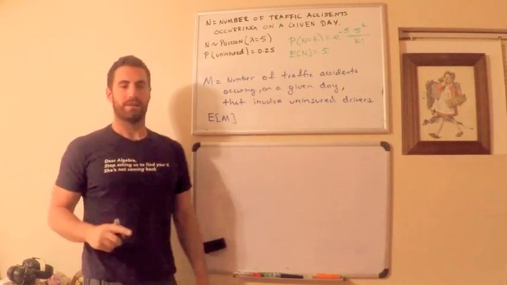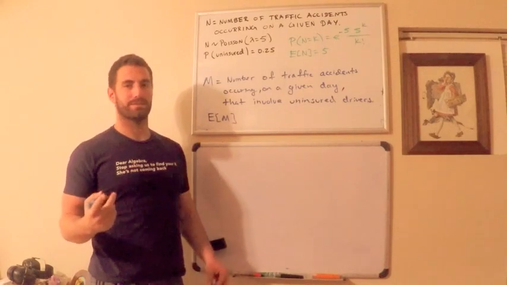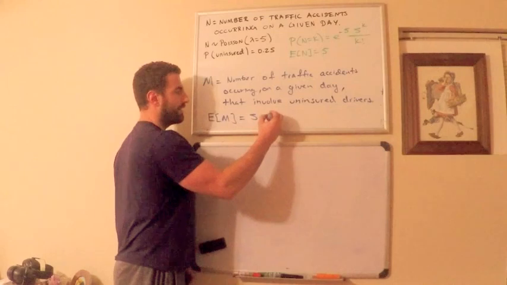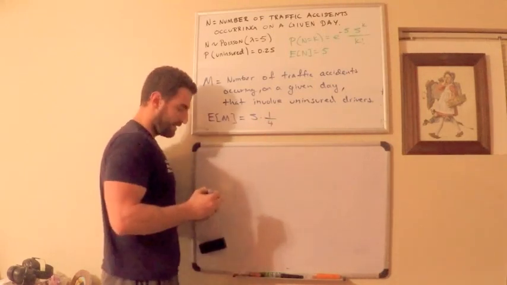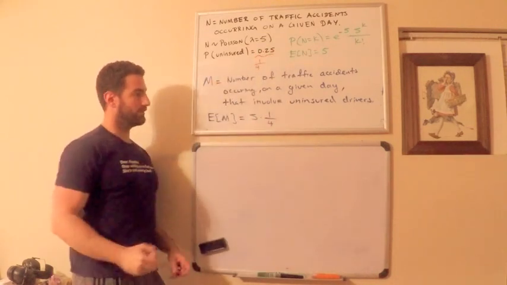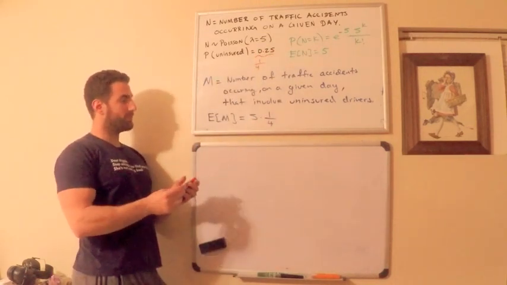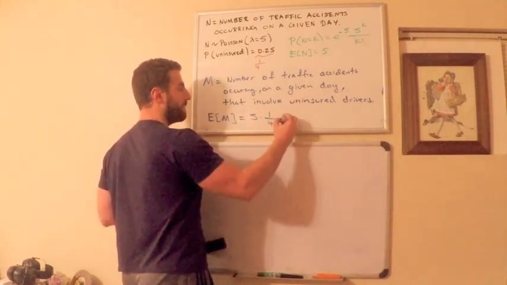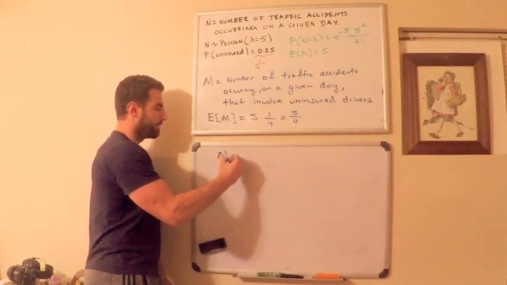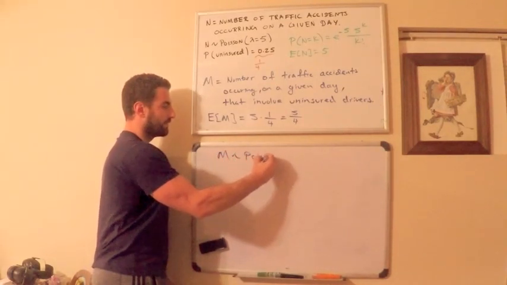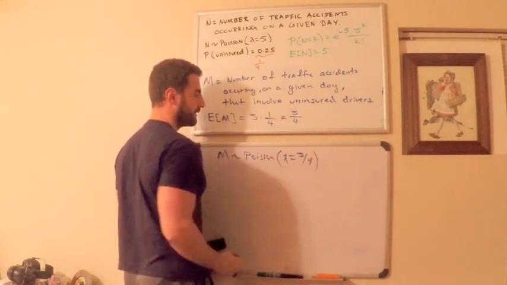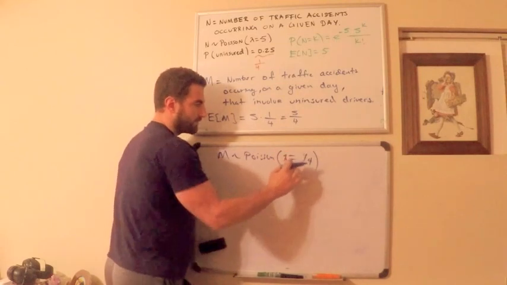We're expected to have 5 accidents, and 0.25 of those, 1/4, are uninsured. So m is a Poisson random variable with mean 5/4, lambda equals 5/4.